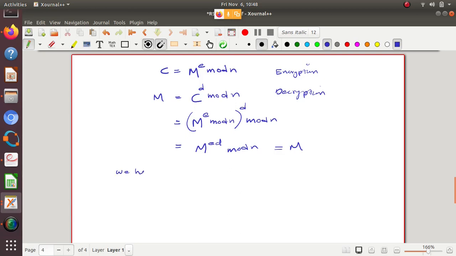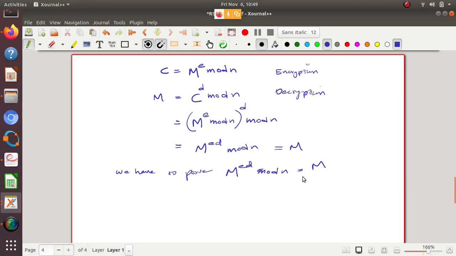We have to prove m to the power ed mod n is equal to m.